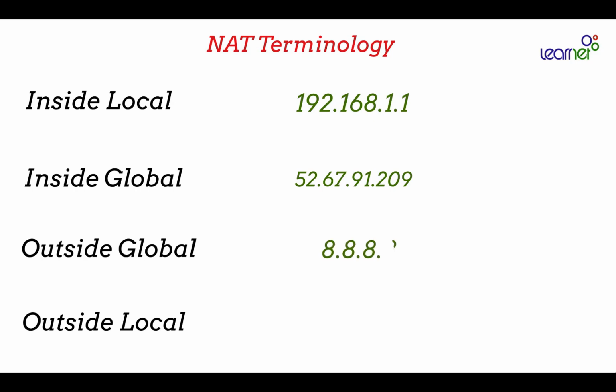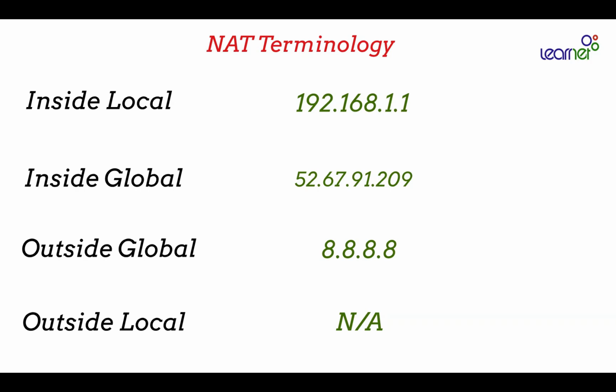Outside global is a resource that is outside of your enterprise, somewhere else on the global internet, and that is something you want to access, for example 8.8.8.8. Outside local is not applicable for source NAT, and it is mainly applicable when you're using destination NAT.